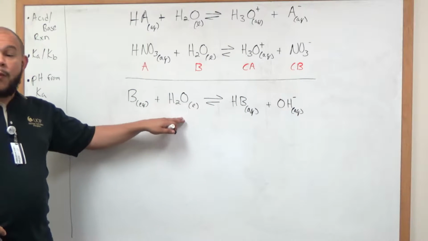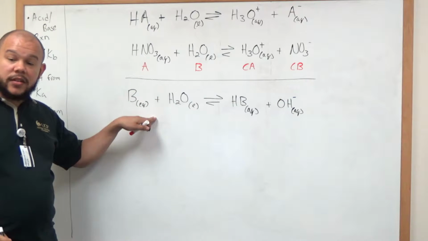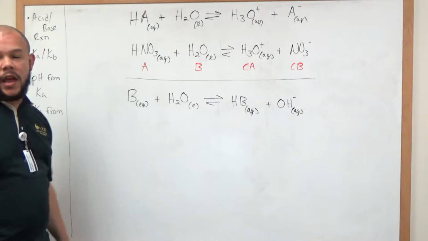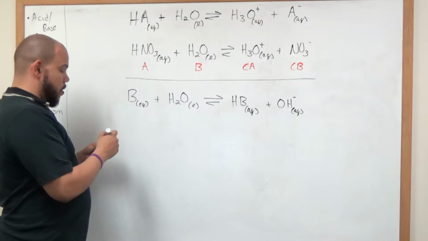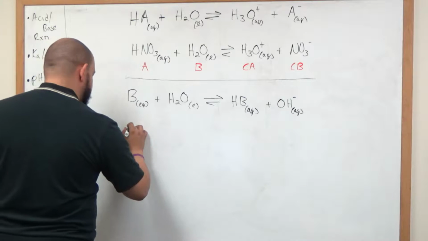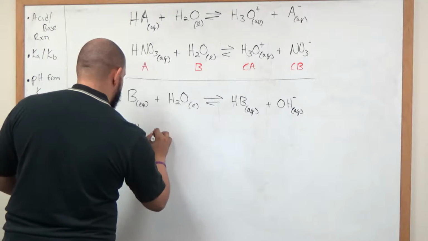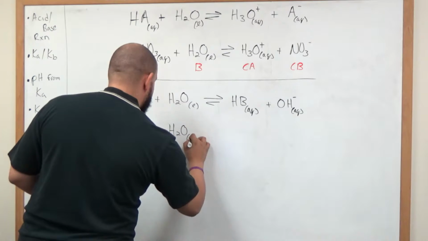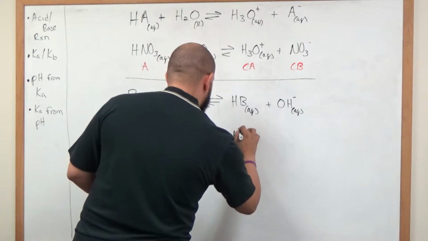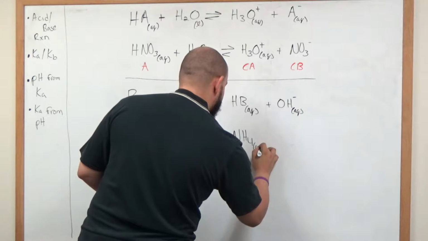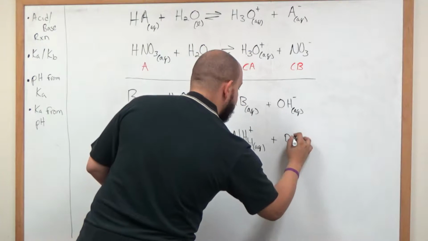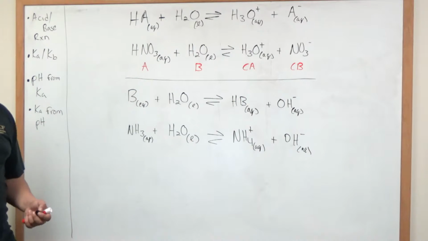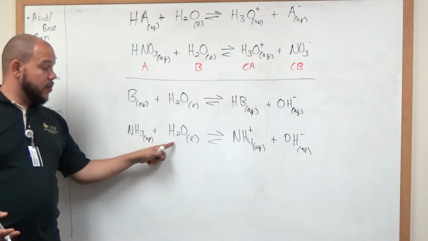Here's a scenario where water is the acid and donates the proton to the base, which is the acceptor, and it wants the proton, it wants the H. So an example of this would be ammonia plus water gives us ammonium plus hydroxide. And there is an actual example of a base plus water.